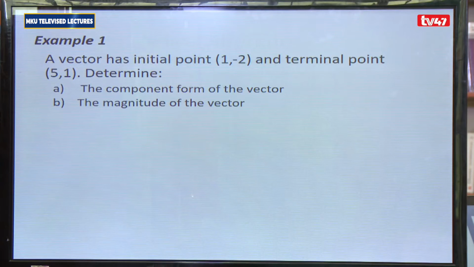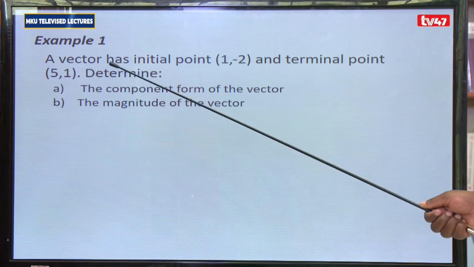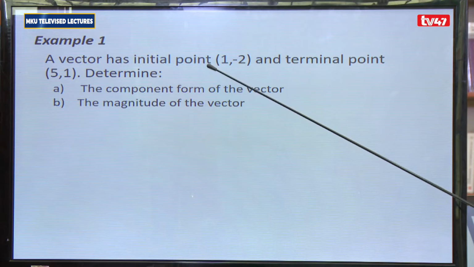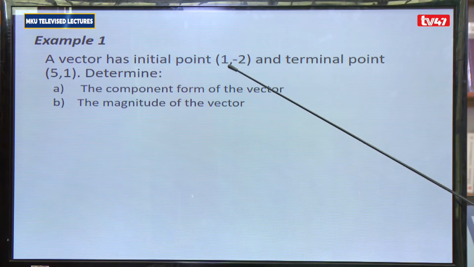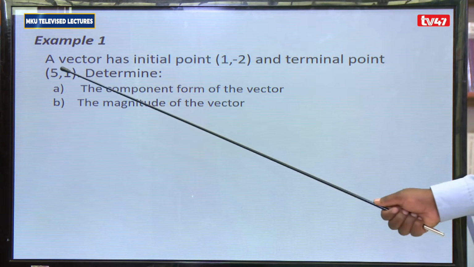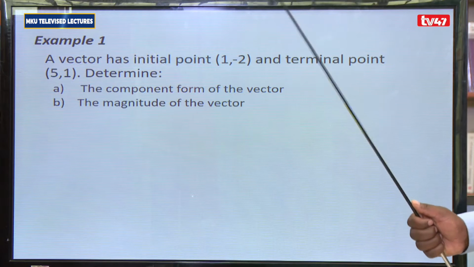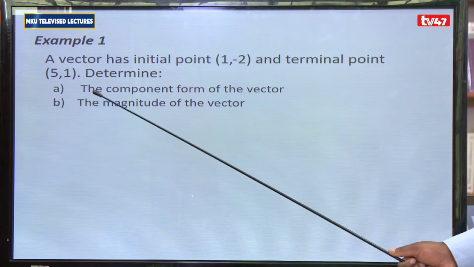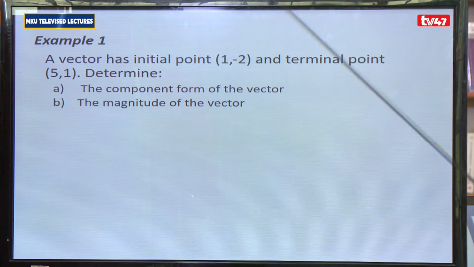An example for that: we have a vector which has an initial point of (1, -2) and a terminal point of (5, 1). You are told to determine the component form of the vector.